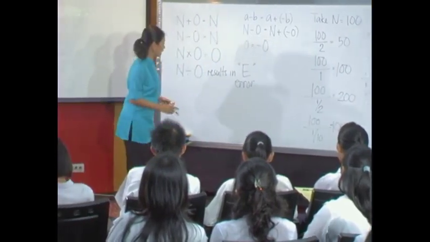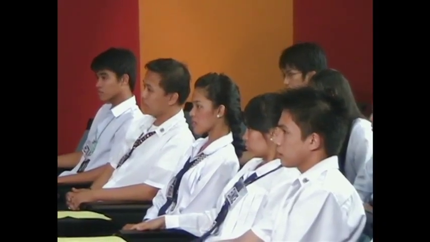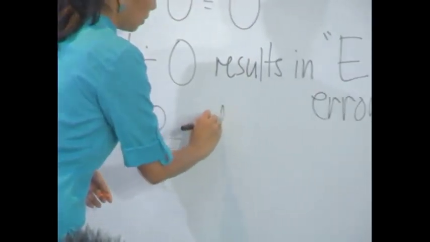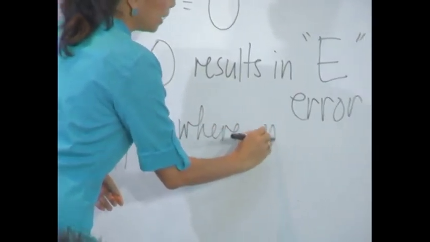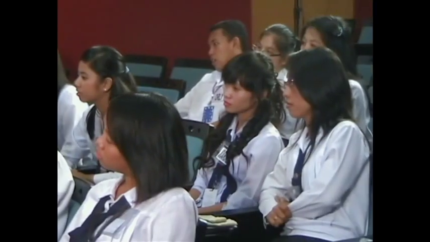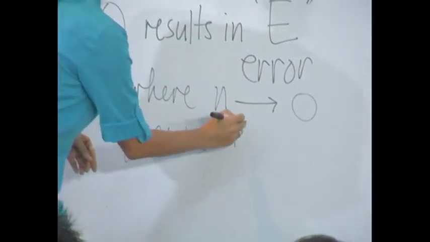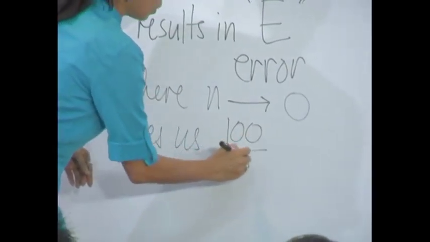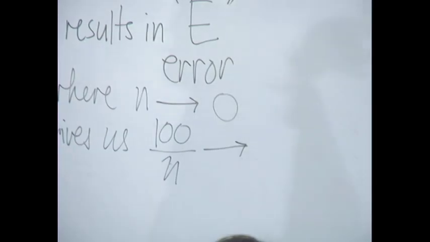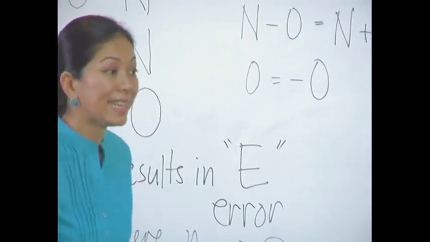We can generalize and say if 100 is divided by a number n where n approaches 0, it gives us what result? 100 over n, the fraction is going to approach, okay, what term do we use for something very, very large? Something that continues to grow indefinitely?